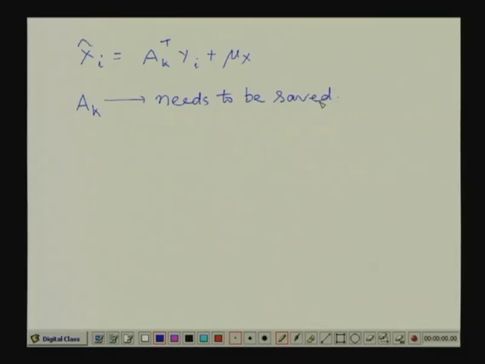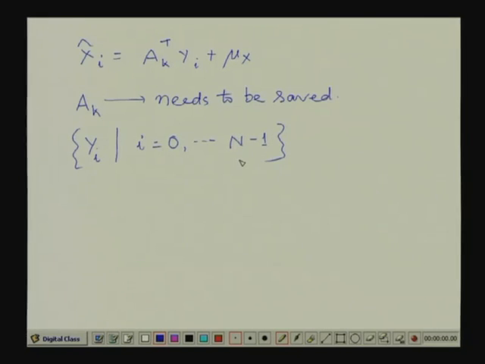The other information that you have to save is the transformed matrix, or the set of transformed vectors y_i for i equal to 0 to capital N minus 1.